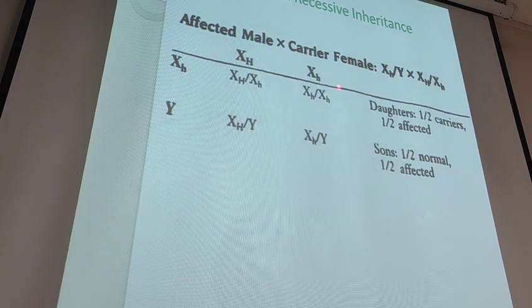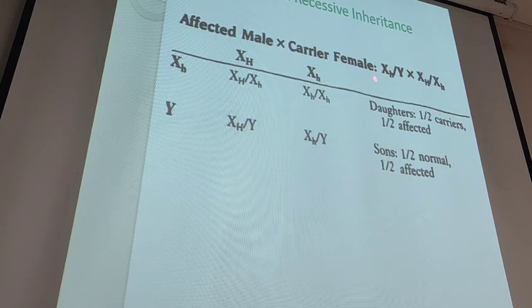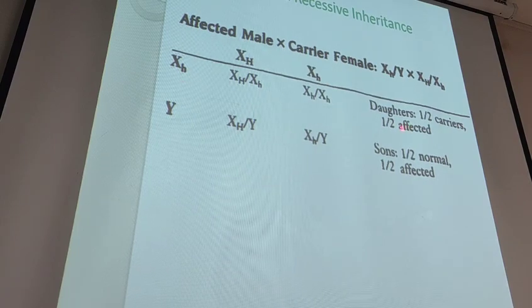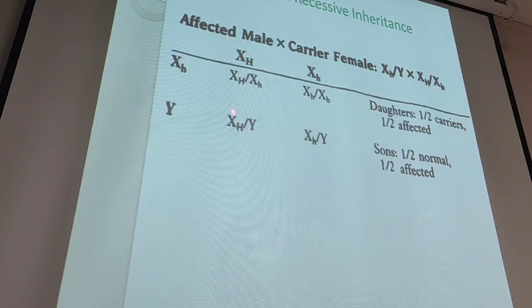Affected males married with carrier female, so daughters: 1 out of 2 will be carrier, and 1 out of 2 will be affected, and sons 50% normal, 50% affected.